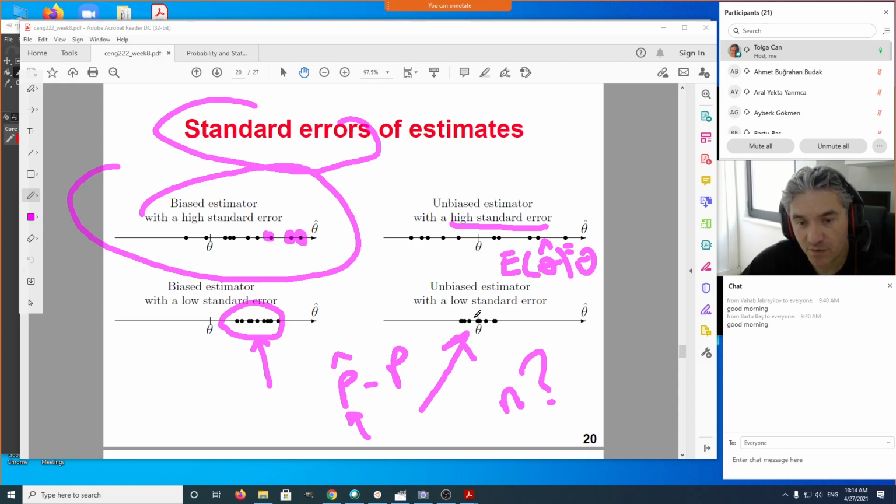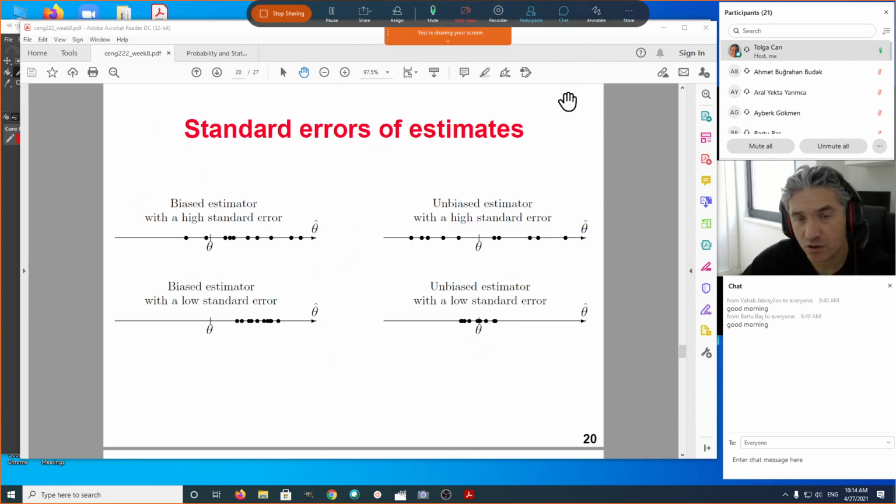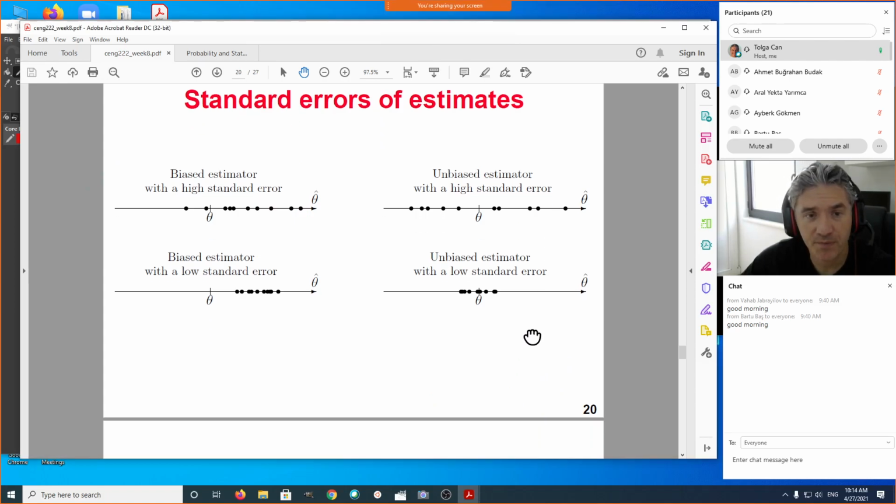We want this as close as possible. So we'll see the minimum sample size needed to make sure we are within a certain distance of the actual probability. So as I said, we are going to talk about them in chapters 9 and 5.